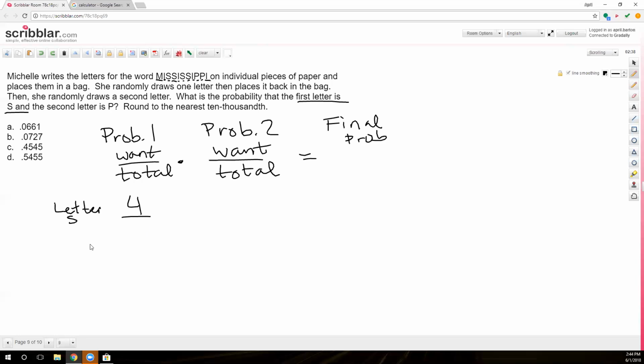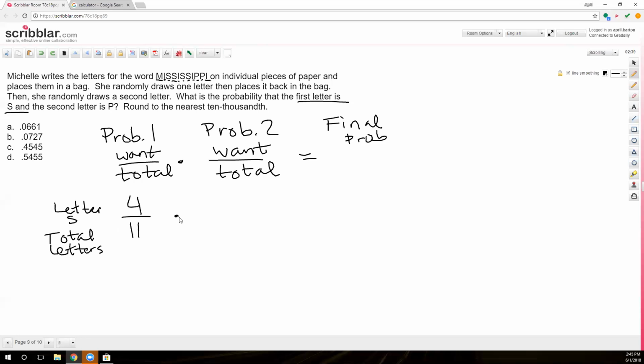So then we just need to know the total number of letters in Mississippi. Good. Always double check your count, especially with a lot going on. It can be easy to miscount. So try counting twice just to be safe, but there are 11.